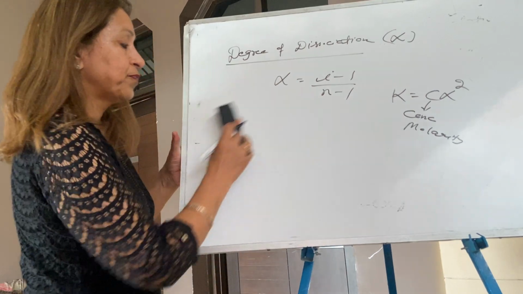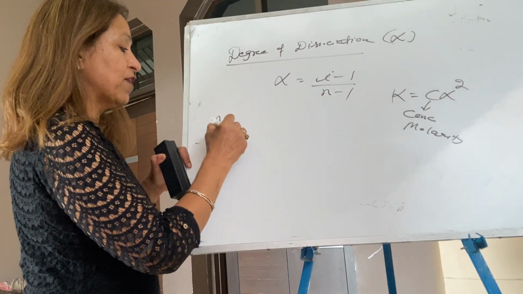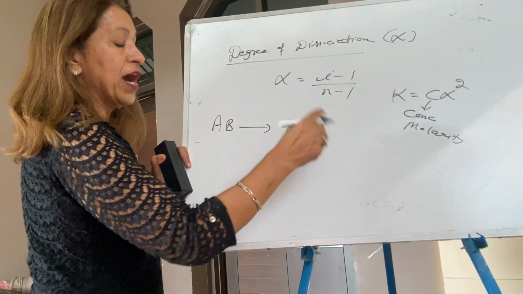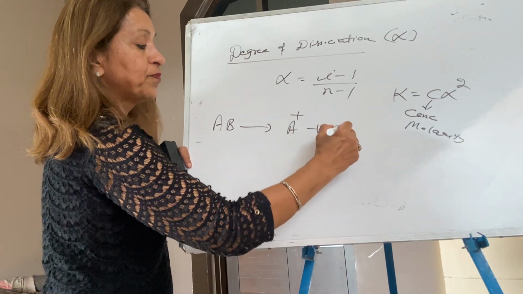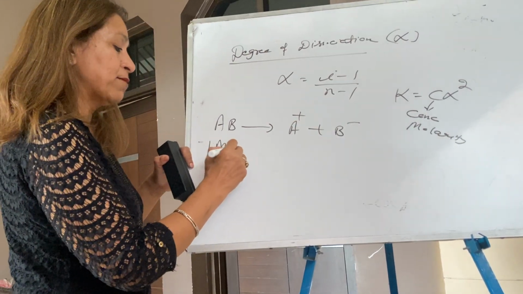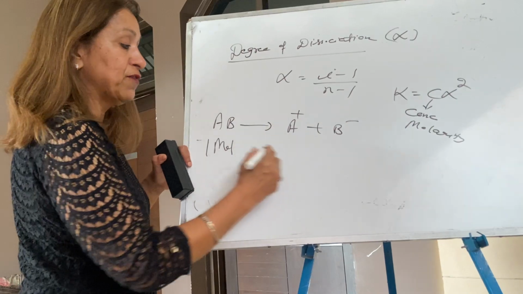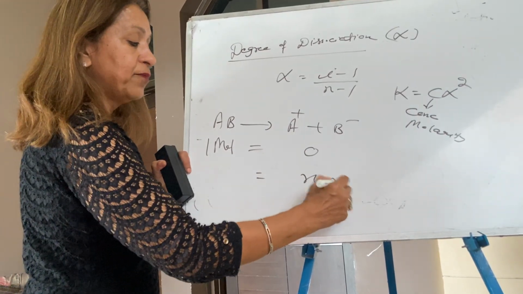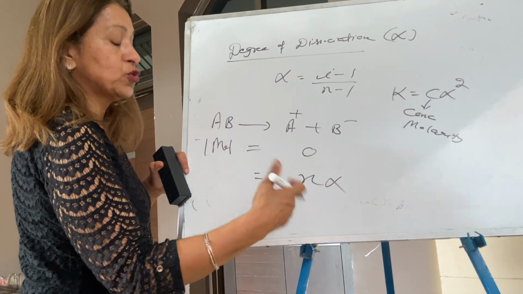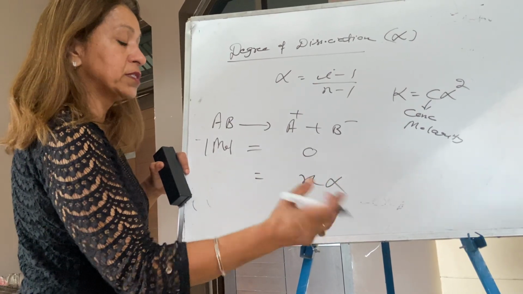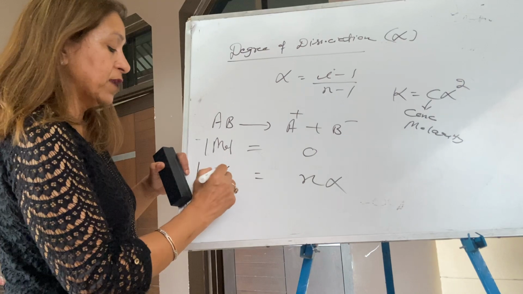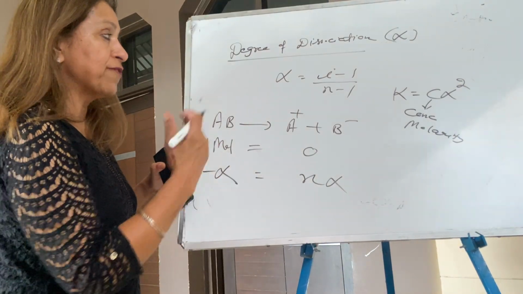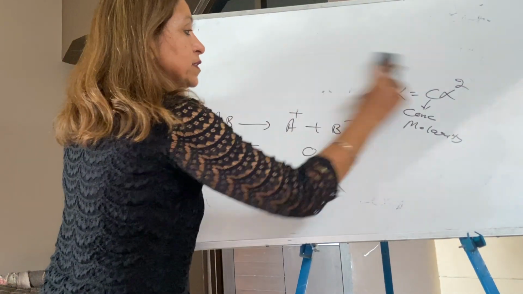You can write, for example, AB is one of the solutes. After dissociation it gives ions. Before dissociation it was 1 mole of AB and 0 of ions. After dissociation it is n alpha. n alpha means the number of moles dissociated, and AB is 1 minus alpha.